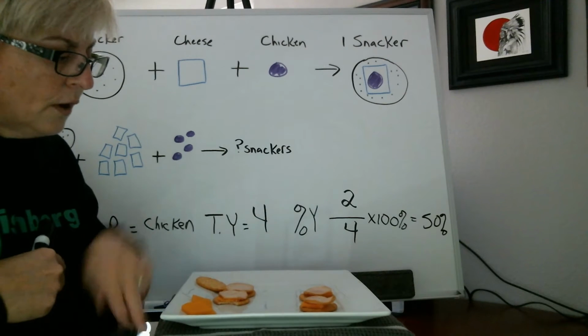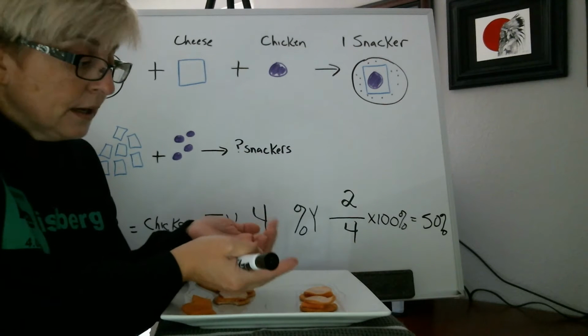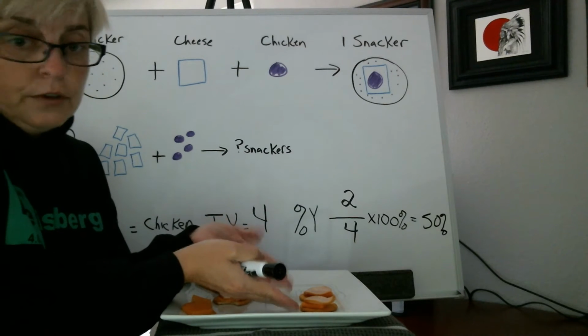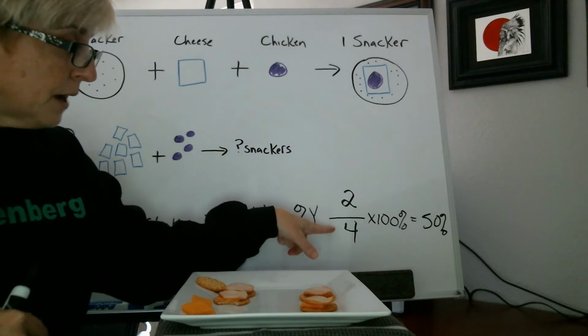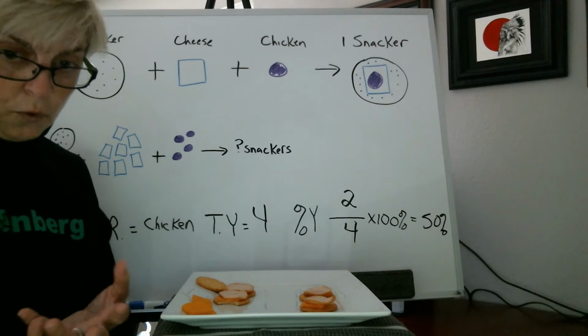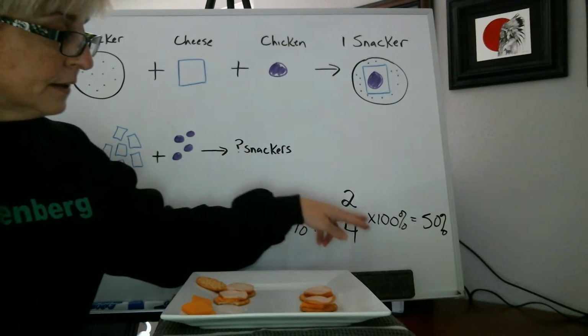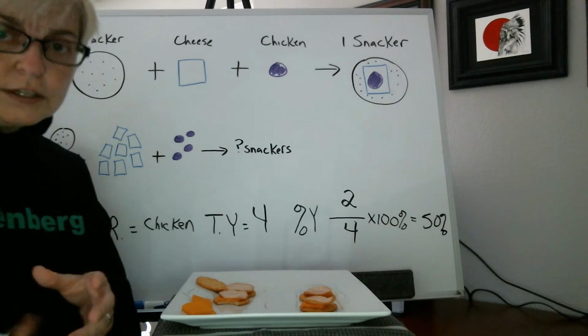And so my actual yield, what I'm actually going to be able to serve, would be 2 snackers. So I took my actual yield, 2 snackers, divided by my theoretical yield, the amount that I was able to produce, 4, and then multiplied by 100%, and I have 50%. So my percent yield is 50%.